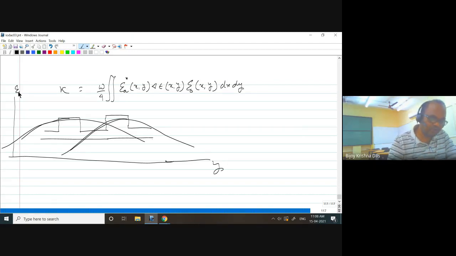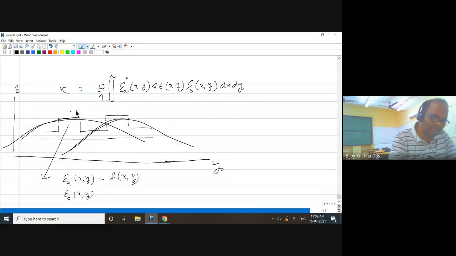Okay, so if I define the field distribution for waveguide A, E_A(x,y), as some F(x,y), a cross-sectional variation, then what would E_B(x,y) be if they are completely identical waveguides?